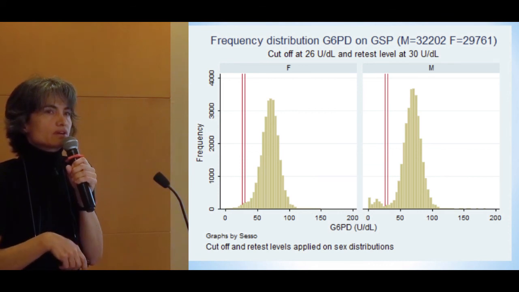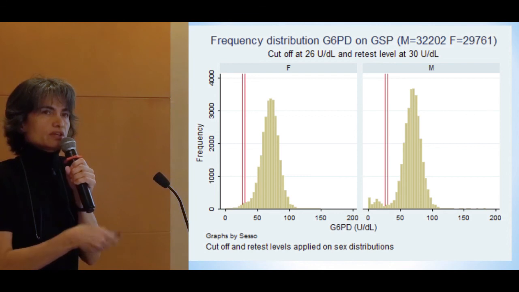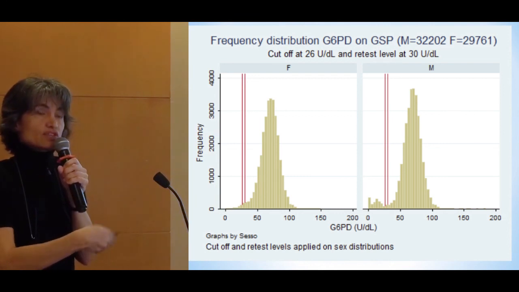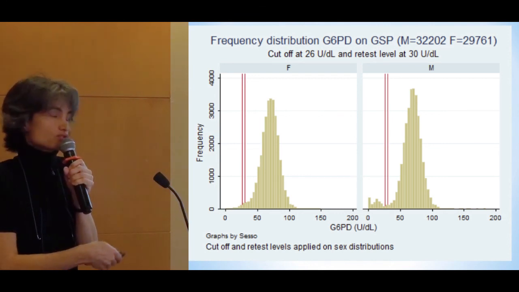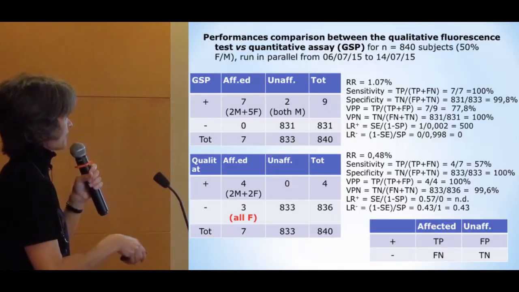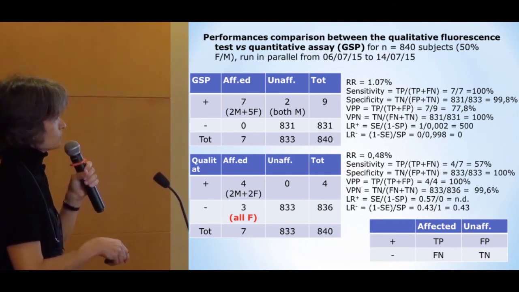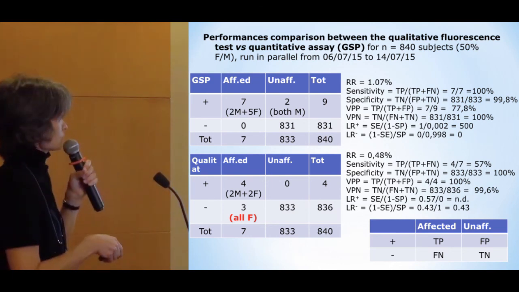We are now following them to see if they can incur hemolysis episodes in case of drugs administration or in oxidative injury. Okay, and this is just to remind you to participate in the quality control.